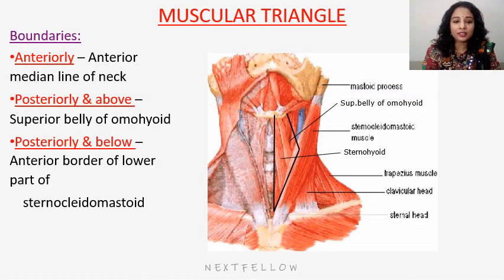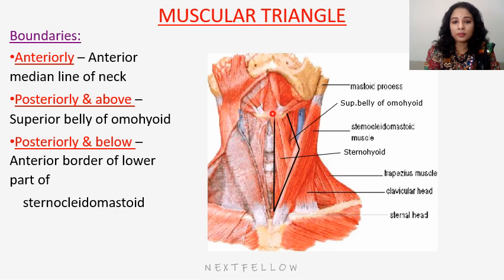The muscular triangle is here, which is made up of infrahyoid muscles and it contains only muscles. So you can see midline, it is formed by an imaginary line from the hyoid bone down till the suprasternal notch.